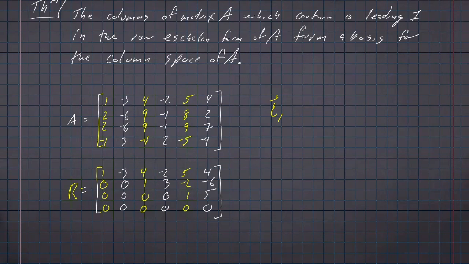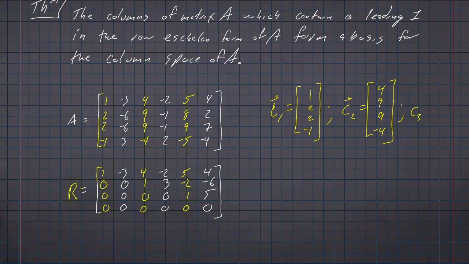So I can take vector C1 will be the column 1, 2, 2, -1. I can take column C2, 4, 9, 9, -4. And I can take column C3, 5, 8, 9, -5.